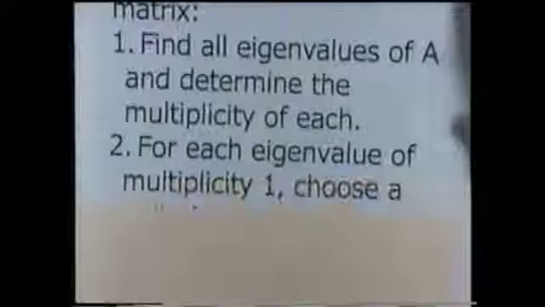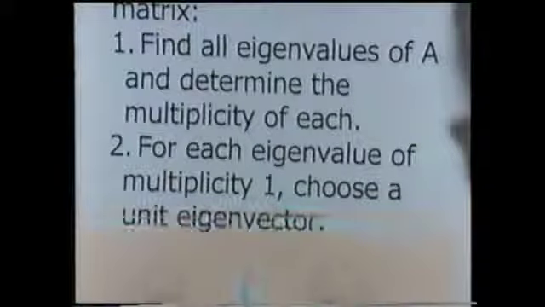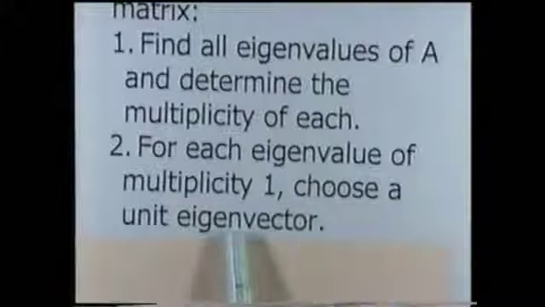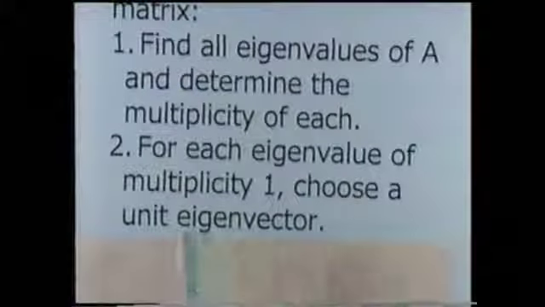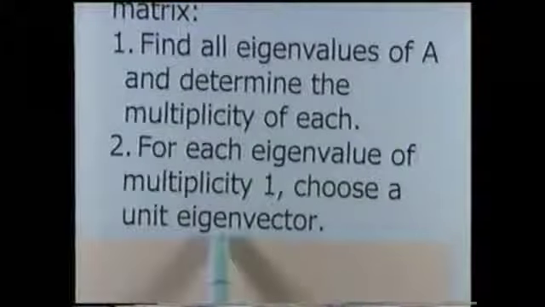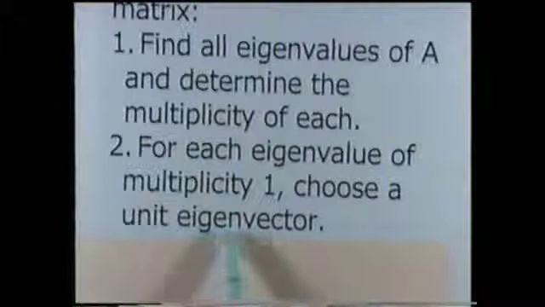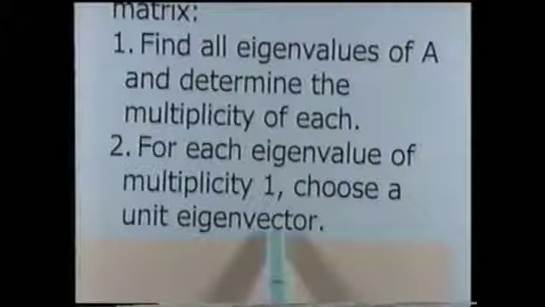Second step, for each eigenvalue of multiplicity 1, choose a unit eigenvector. Of course, to choose a unit eigenvector, you simply pick any eigenvector and make its length 1. The way you do that is to divide the eigenvector by its length.